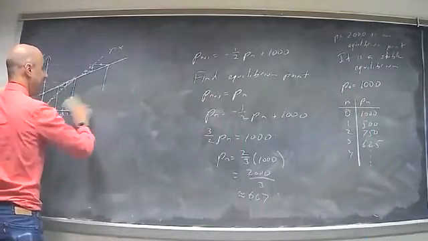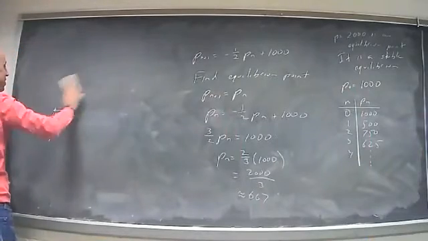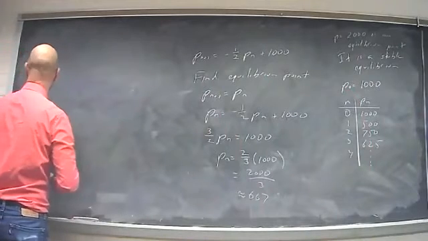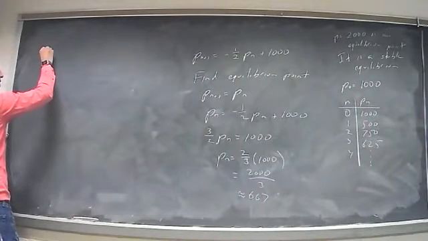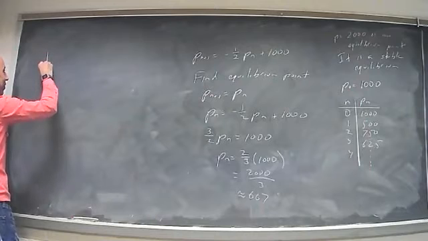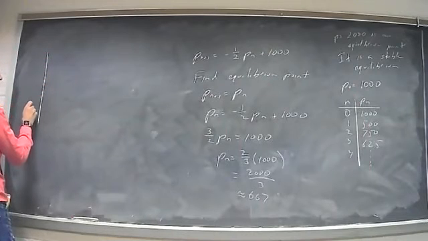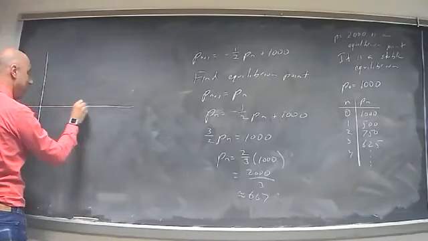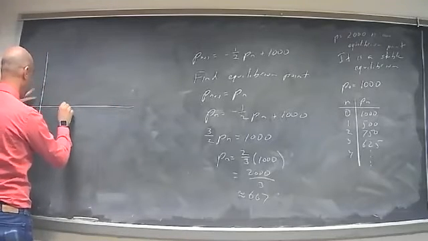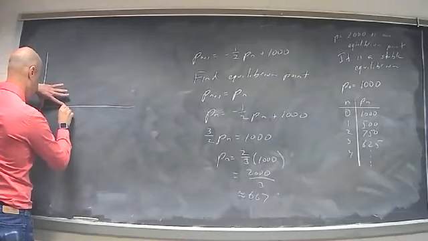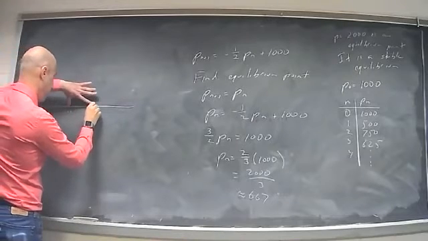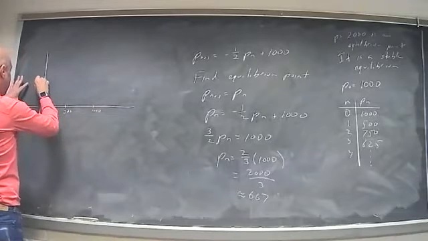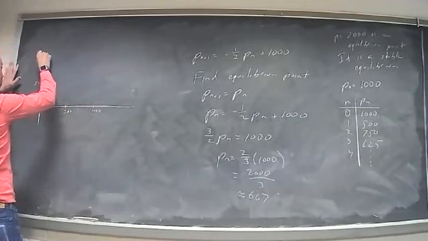Let's draw a picture. And if it wasn't clear before why this is called the spiderweb method, it will be now. So here is 500, here's 1,000, 500, 1,000.